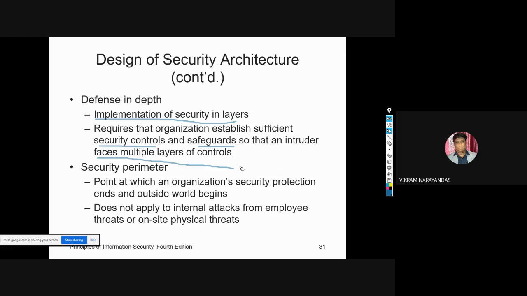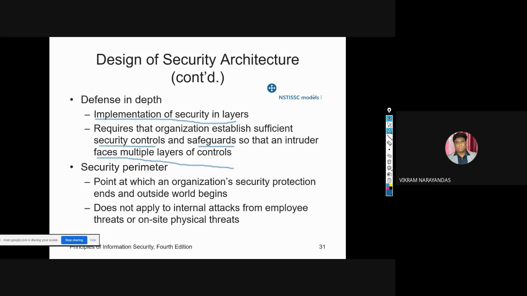These layers of controls can be organized into policy, training and education, and technology, as per one model we discussed in the first classes, that is the NSTISSC model, with authentication, confidentiality, and integrity.